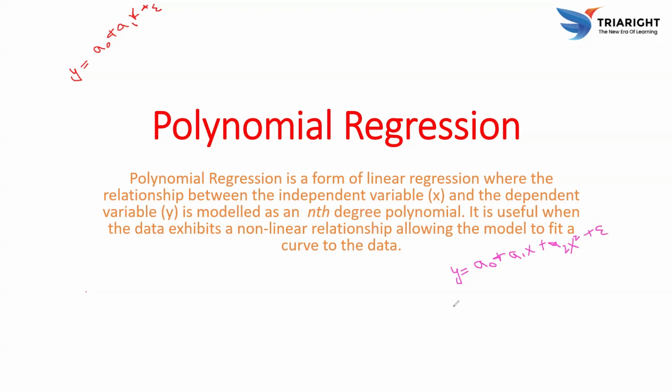In the higher degree polynomial regression, we have y equals a0 plus a1 x plus a2 x square, and so on up to the nth term, a n x power n.